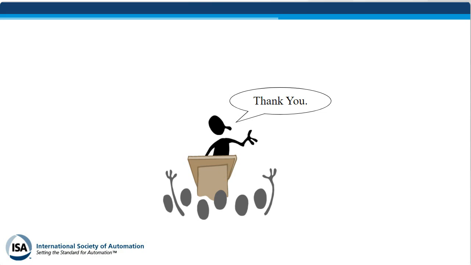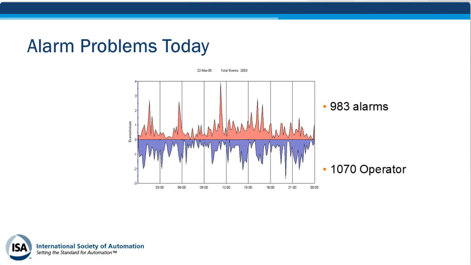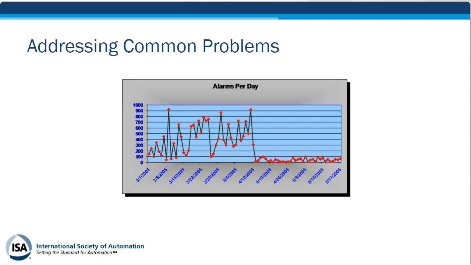That's a good question. If you read the standard, we have a whole lot of what we call weasel words, because it's different per industry. If we go to this slide, I can tell you that this exceeds what's acceptable for an operator on a given day, and this on the left exceeds what is acceptable.